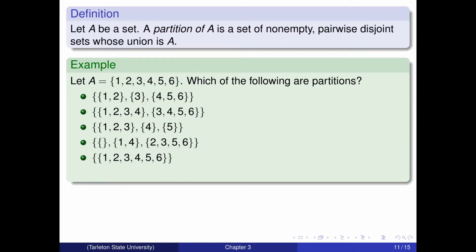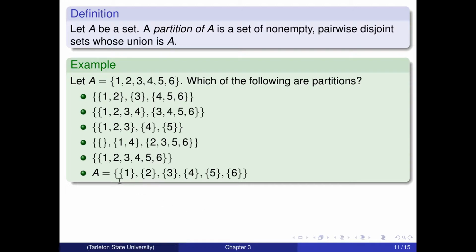And in almost a vacuous sense, that one set is pairwise disjoint, because pairwise disjoint says that if I take two different sets, their intersection will be empty. But if I only have one set to start with, I can't even take two different sets, right? So in a vacuous sense, these are pairwise disjoint. So this actually is a partition. And also this last example is a partition.